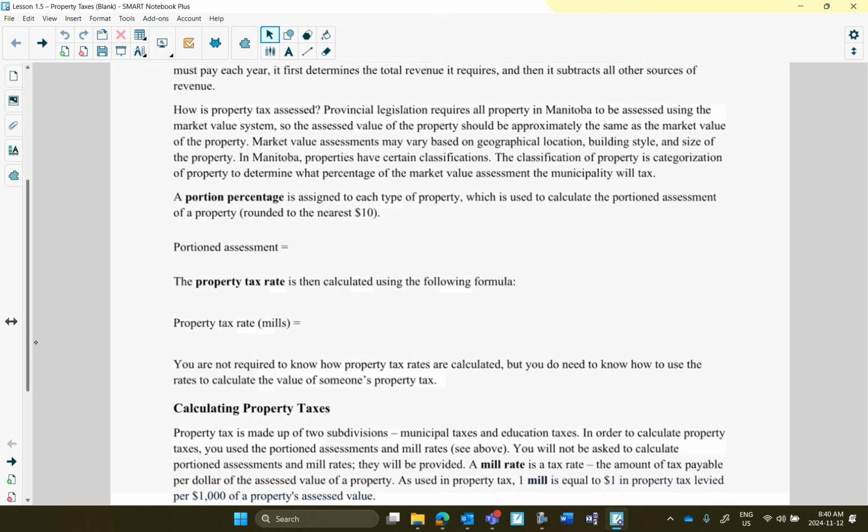So to calculate a portion assessment, all they do is take whatever the portion percentage is, and we're not going to go into that. They take the portion percentage times the assessed value. And of course, as a percentage, you change it to decimal.